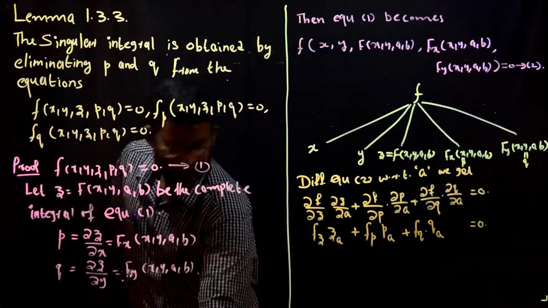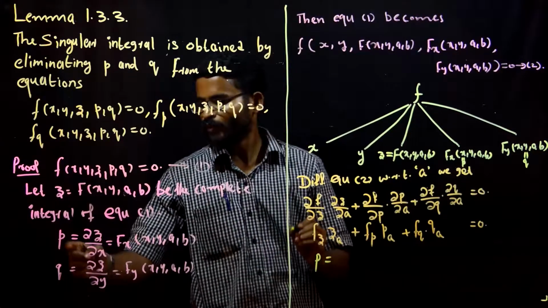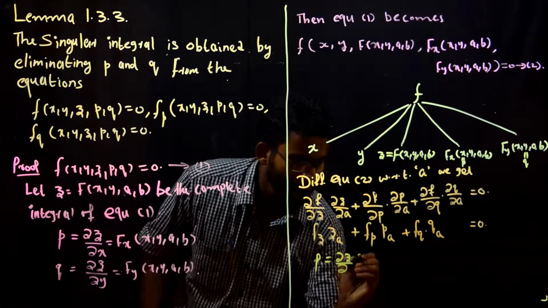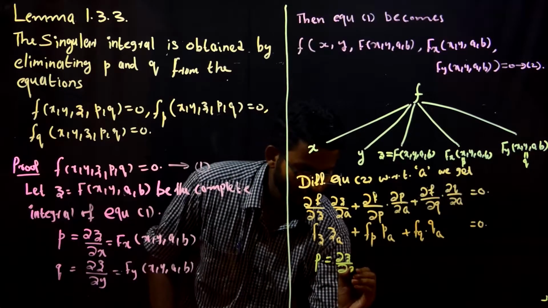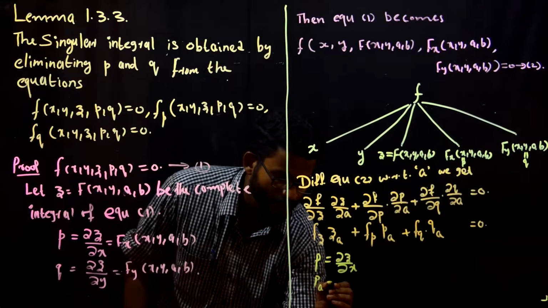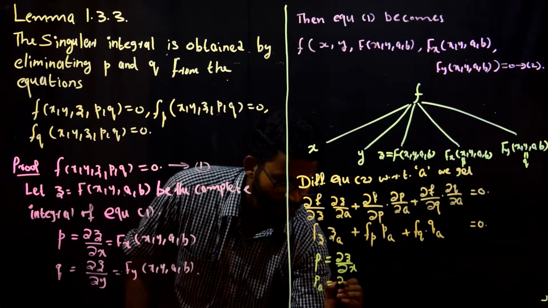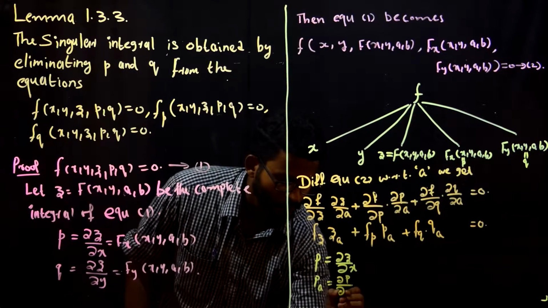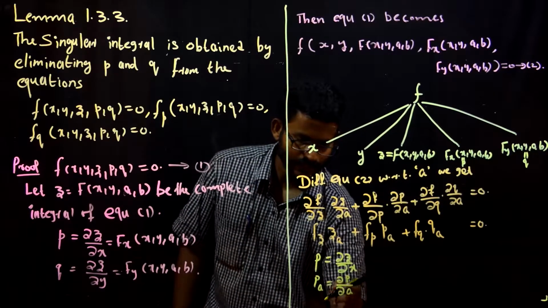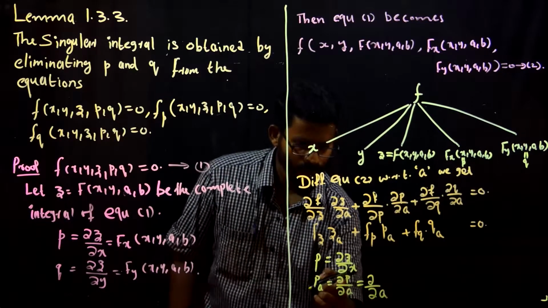And we know one more thing: p = ∂z/∂x. Then what is p_a? p_a equals ∂p/∂a. That is, p_a is the notation for differentiating p partially with respect to a, which is ∂/∂a of p.